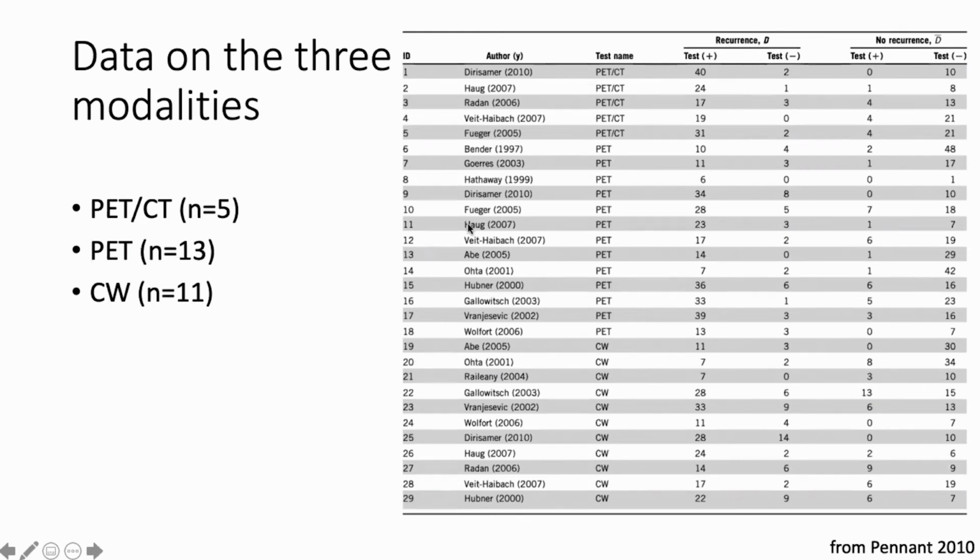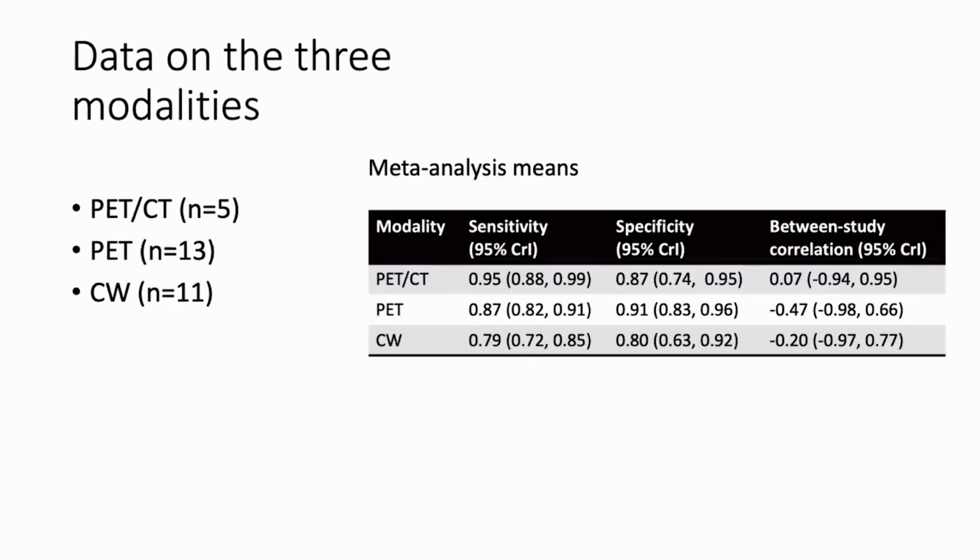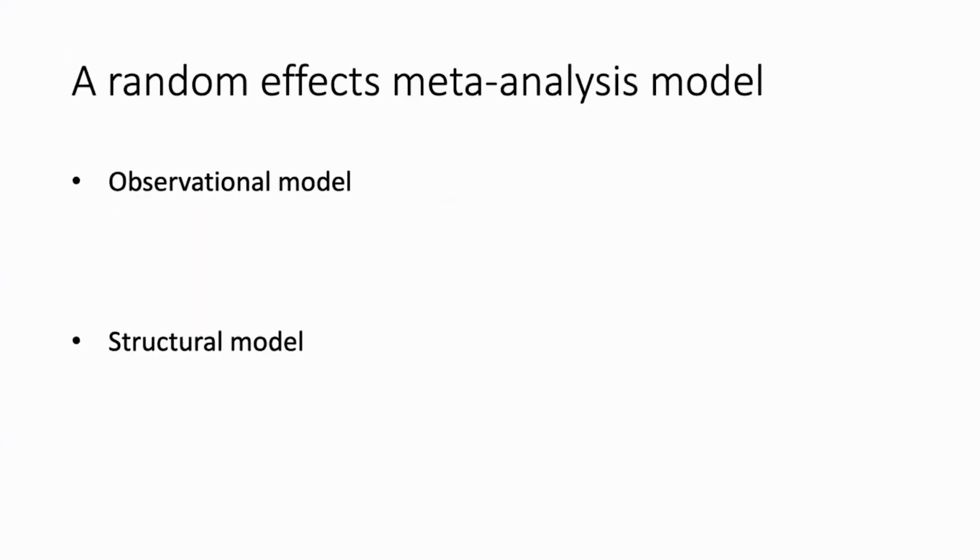And if I have this information, I can do a meta-analysis of sensitivity and specificity. And with a meta-analysis, I would be getting meta-analysis means that summarize these 5, 13, and 11 studies, as you see in this table. And what people usually do and what people usually say is that you should be using these summaries to inform your decision-making. And we will argue now that this is problematic.